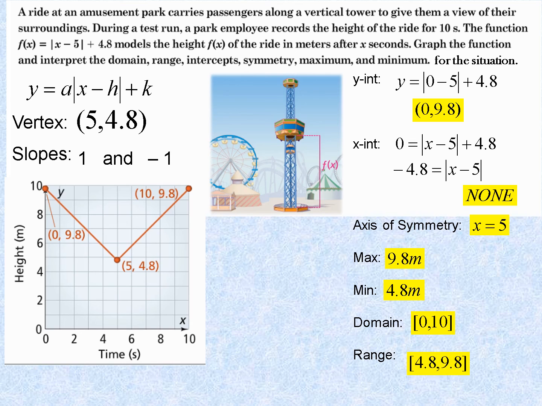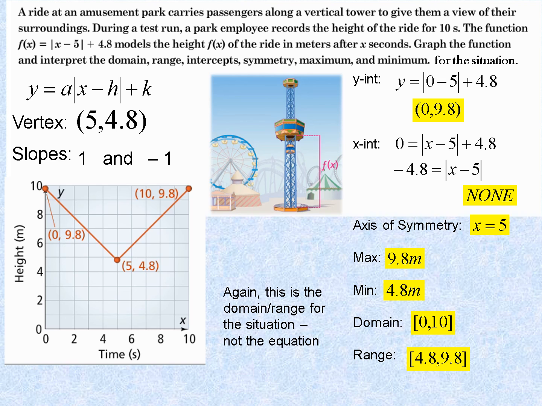And then the range, well, the lowest it goes is 4.8. The highest it goes is 9.8. So from 4.8 to 9.8 is your range. And again, remember, this is the domain and range for the situation, not for the equation. It's just over this brief snapshot in time.